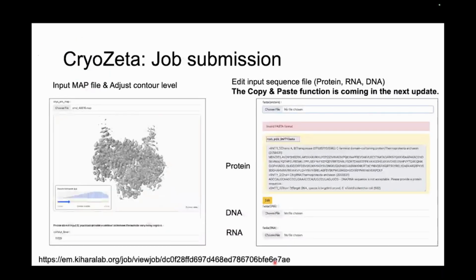This job submission page is very easy to use. You just need to provide the density map and sequence data. Because CryoZeta can handle protein, DNA, and RNA, you can just upload the files. Currently the copy and paste function is not available, but it is coming in the next update.